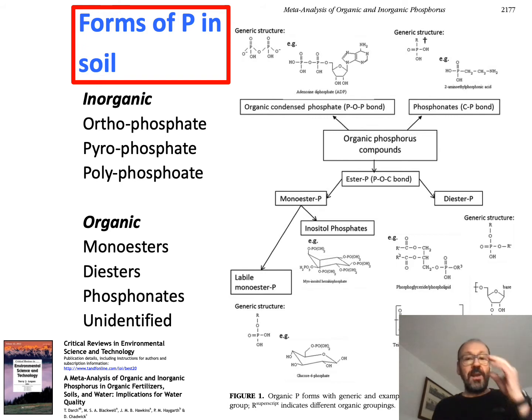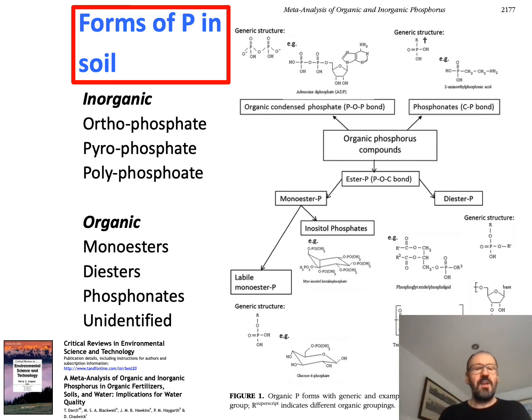The most commonly stable form of phosphorus is phosphate, the oxidized form, and that's typically an inorganic orthophosphate. There's also pyrophosphate and polyphosphate, which are all inorganic oxidized forms of phosphorus.